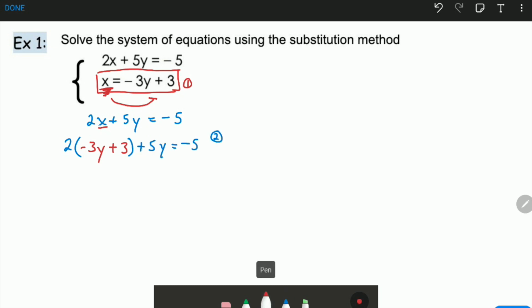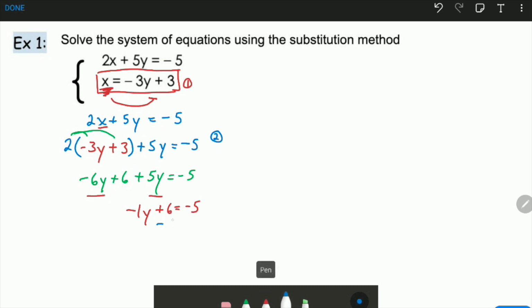Third step is just to solve this resulting equation. So we're going to have to distribute: -6y plus 6 plus 5y equals -5. Combine like terms, which is -1y plus 6 equals -5.